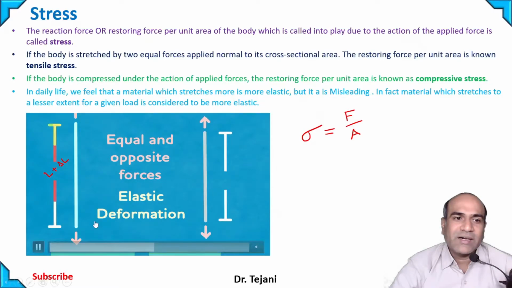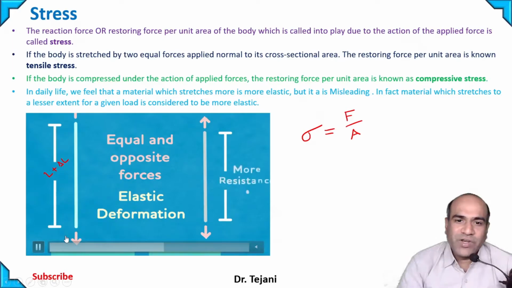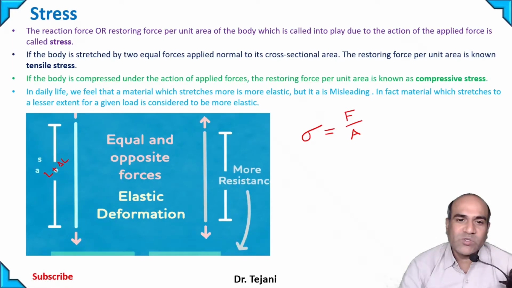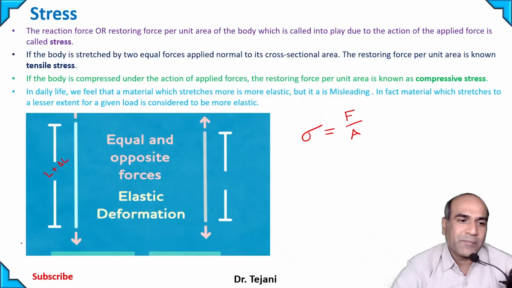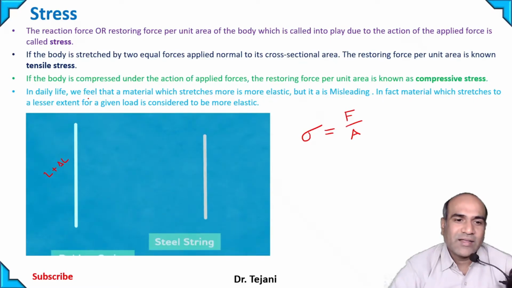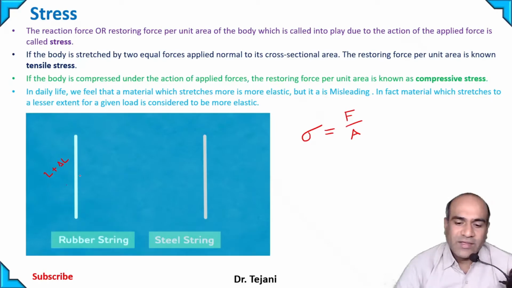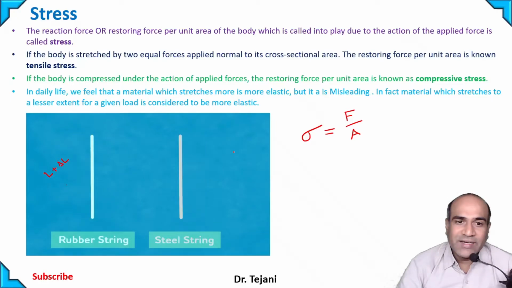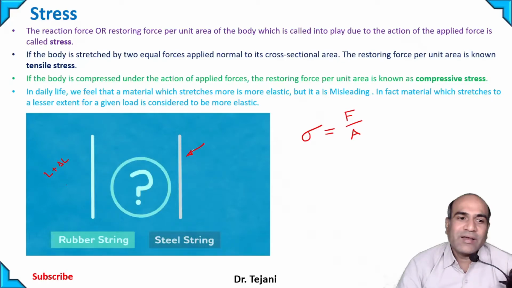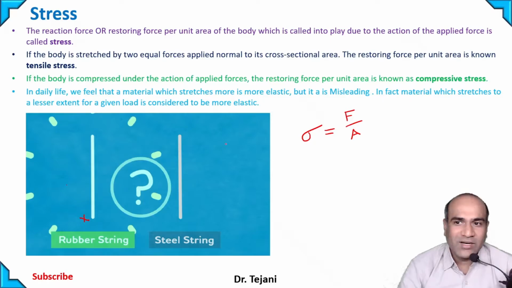But see here, once we remove this load, what happens? Once we remove this load, steel returns to its original position much quicker, and that is the reason steel is considered more elastic, not rubber.